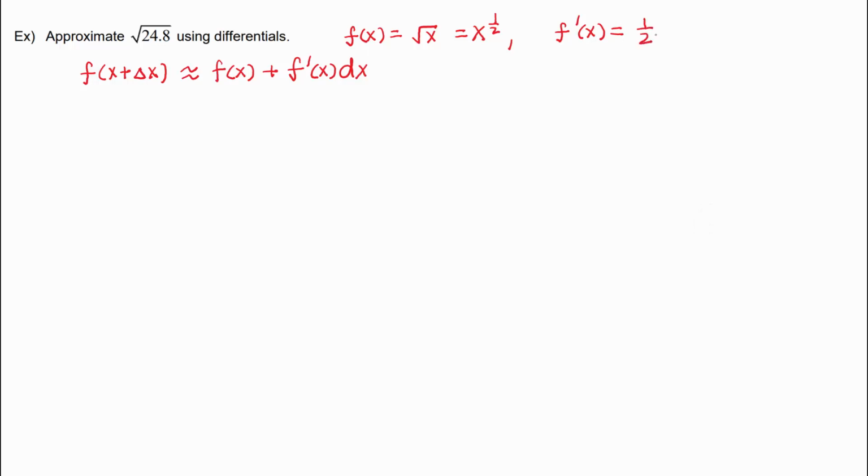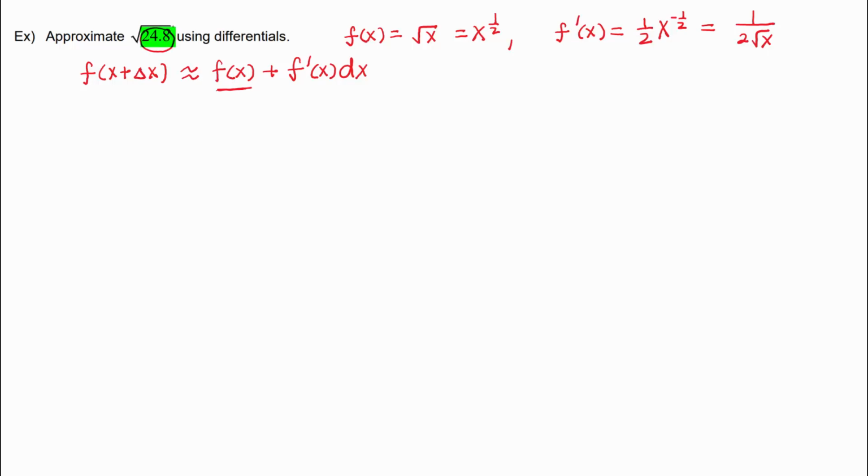That will be 1/2 x to the negative 1/2 power, which is equal to 1 over 2 square root of x. Now, what you need here is a known value of f of x that is very close to the problem we're about to approximate, which is square root of 24.8. What is the known value of a square root that is very close to square root of 24.8?